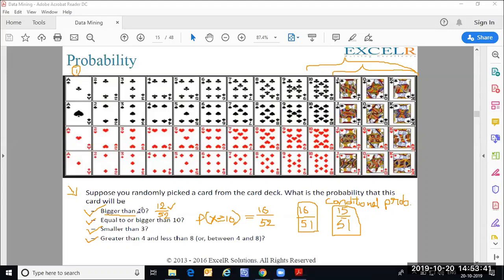Now, if I don't replace that card, and I decide to pick up another card from the leftover 51 cards, the probability associated with the card being greater than or equal to 10 could be 15 by 51 or 16 by 51, depending on what card I picked up at the first place. So this is nothing but conditional probability. Am I clear, Shyamoli?